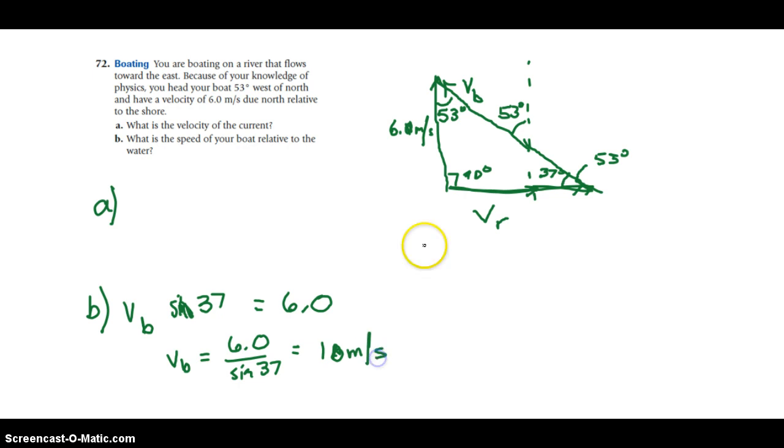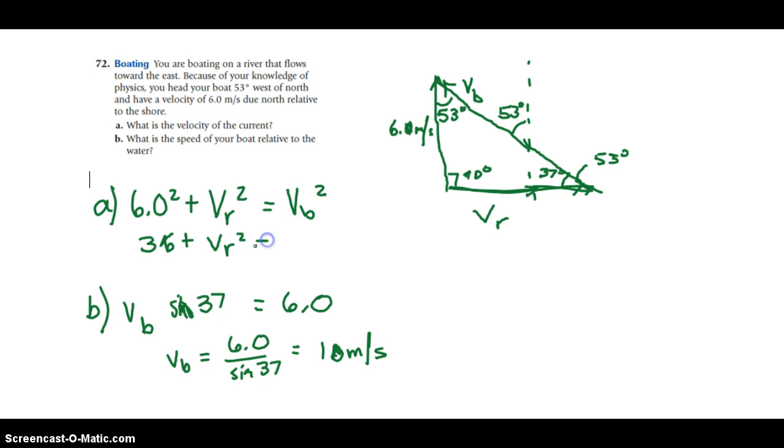And now we know the boat's velocity, we know the resultant velocity. So the resultant velocity squared plus the river current velocity squared is equal to our boat velocity squared due to the Pythagorean theorem. So 36 plus our missing velocity squared equals our boat velocity squared, which is 10 squared, or 100.